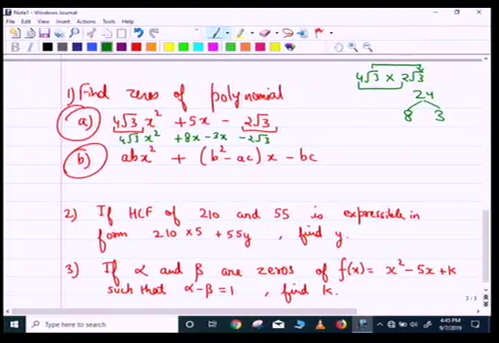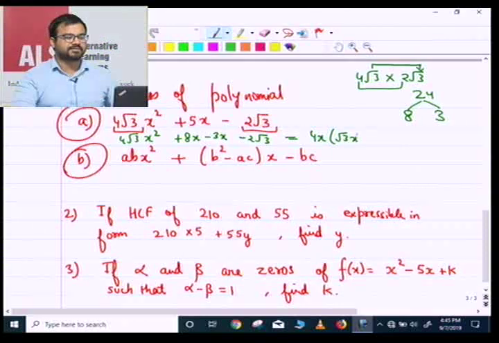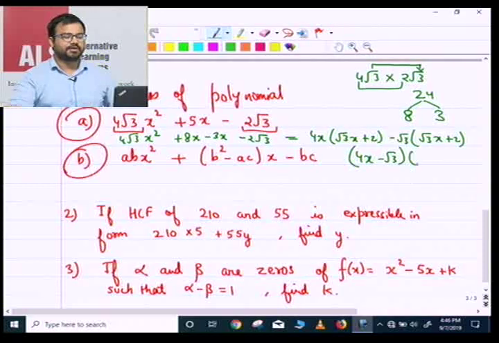From 4 root 3 x square and 8x, we can take 4x as common, so here it will be root 3x plus 2. From the other part we can take minus root 3 as common, so we get root 3x plus 2. So the factored form is 4x minus root 3 into root 3x plus 2.